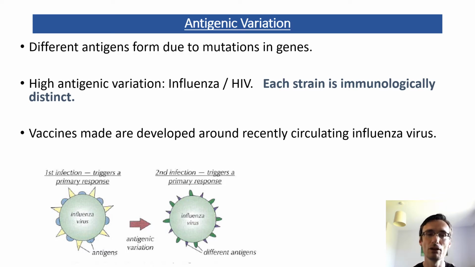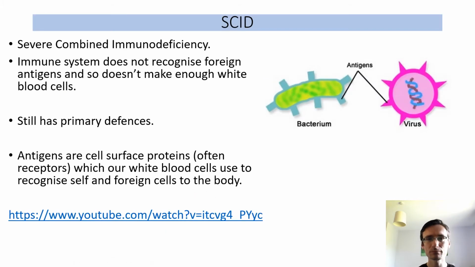So they've got a much higher mutation rate than we have. Their DNA changes, that changes the amino acid sequence, and that will alter the antigens, so the old antibodies no longer work. So vaccines are always made using the most recently circulating viruses, for example if you're having the flu jab.